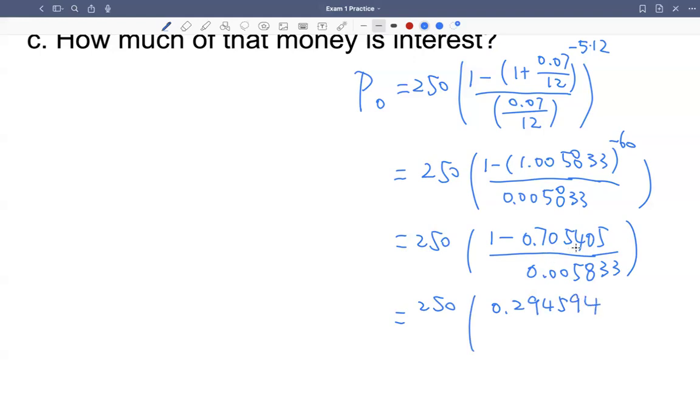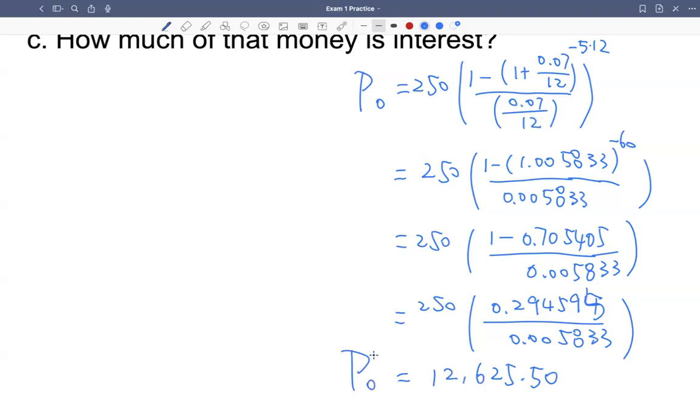Then use this number, divide by the denominator 0.005833. Or I can multiply by 250 first, then in the end I get 12,625 and 50 cents.